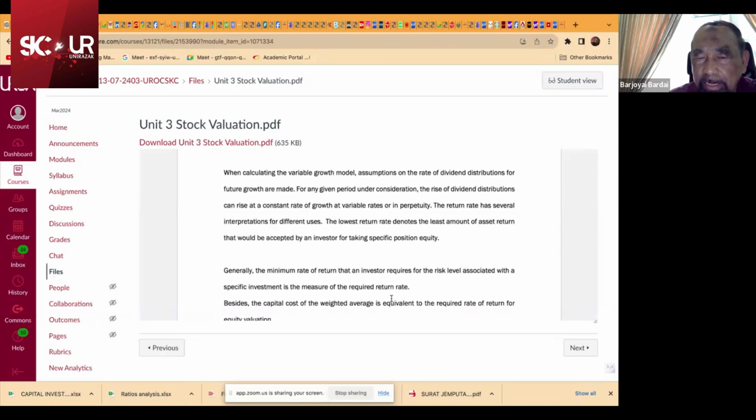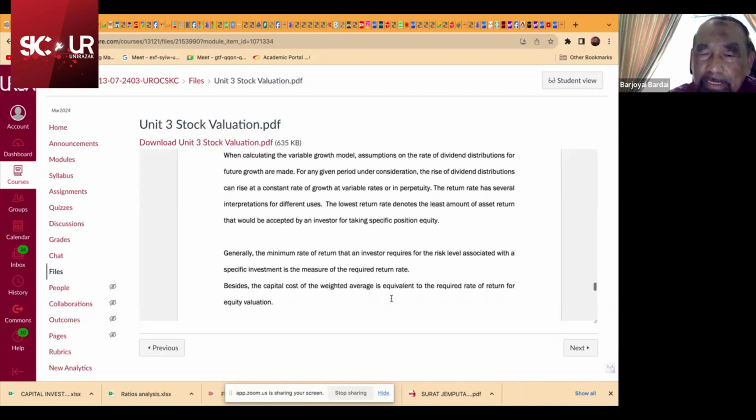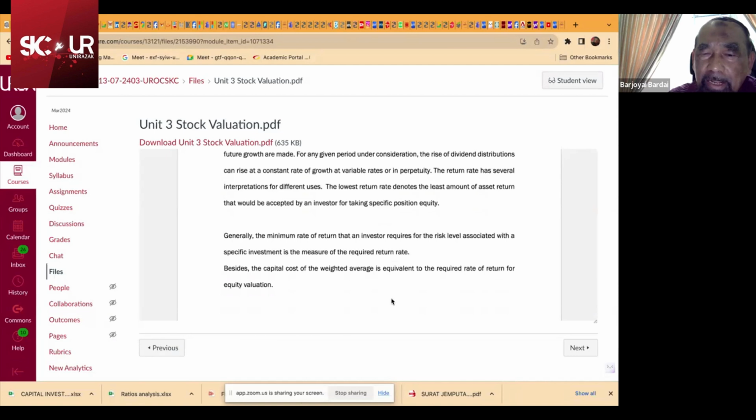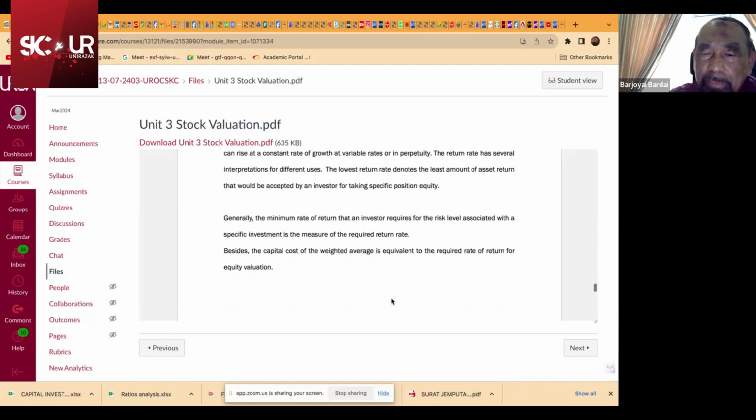So the return rate has several interpretations for different users. The lowest return rate denotes the least amount of asset return that would be accepted by an investor for taking the specific equity position.